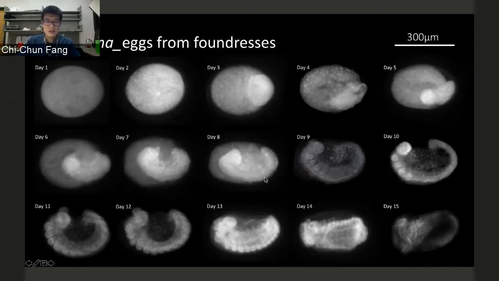Okay, and insects, they are arthropods. They have exoskeleton, right? And they have different segments. So segmentation is the final step. That's when the embryo grows.